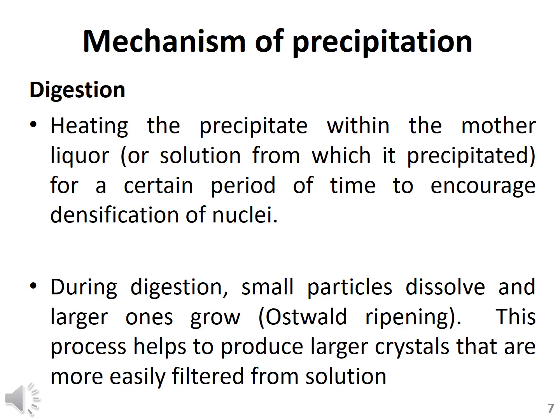A routine everyday example of Ostwald ripening is the recrystallization of water within ice cream, which gives old ice cream a gritty, crunchy texture. Large ice crystals grow at the expense of the smaller ones, creating a coarser texture. So this digestion of the precipitate is very important in gravimetric analysis to increase the size of the crystals of the precipitate.